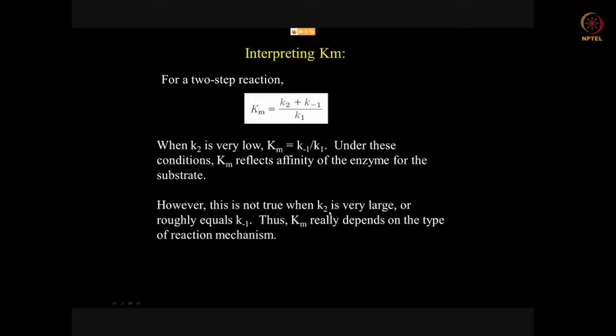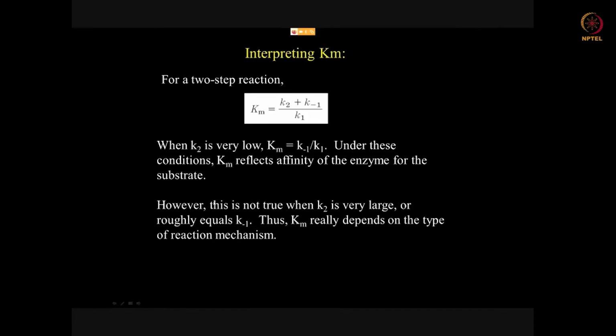In many situations, this value being large or this being equal to this, etc., will depend on a given reaction mechanism. So therefore, Km will not simply be equal to the affinity of the enzyme for the substrate. It is true only under certain conditions.